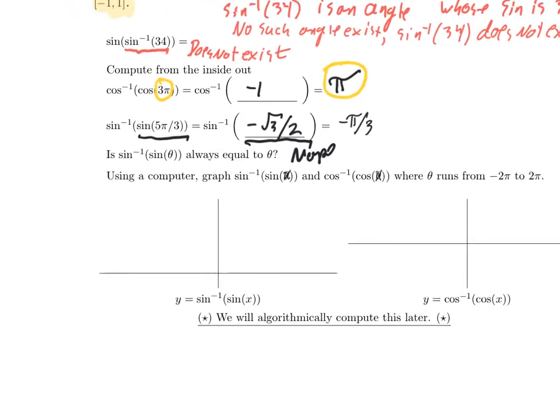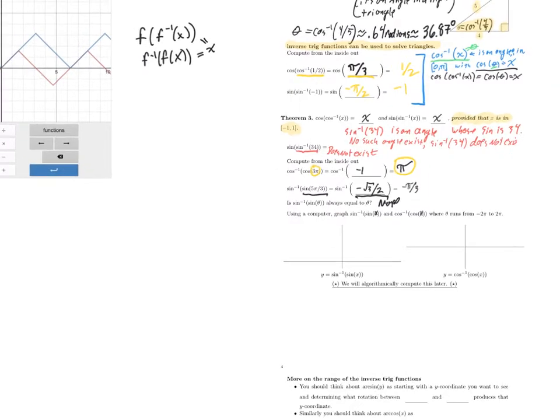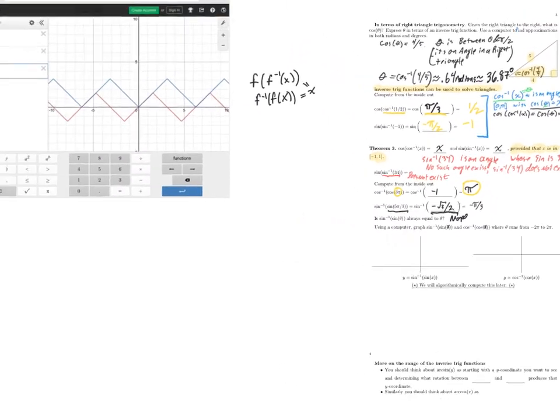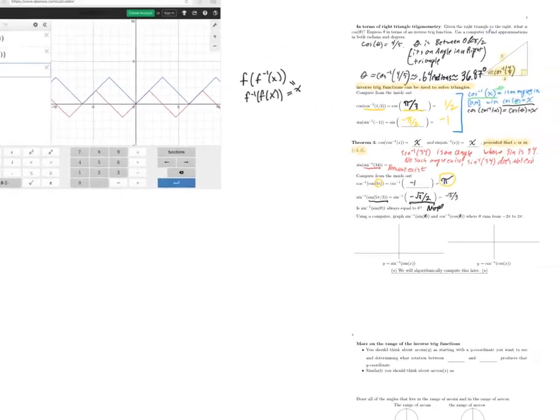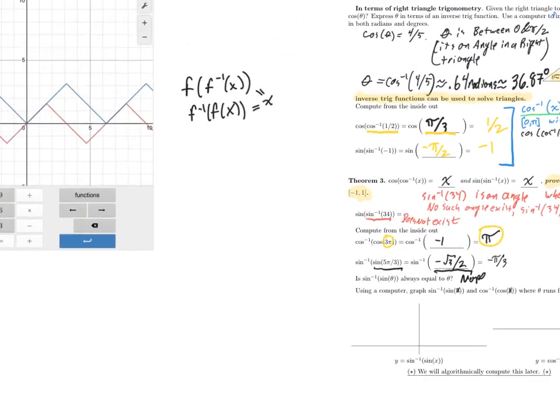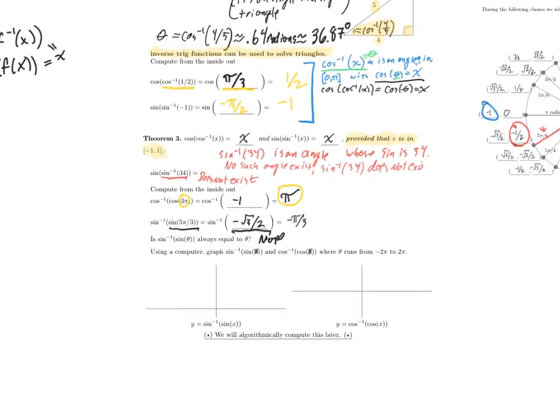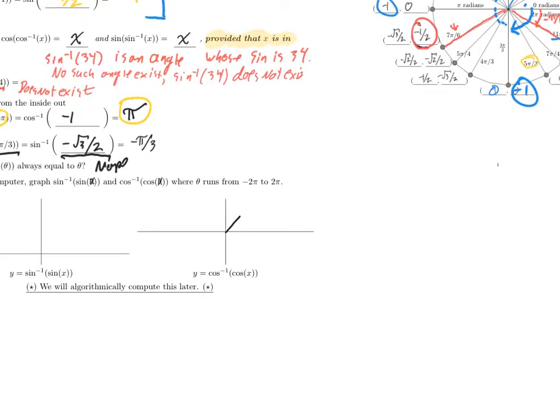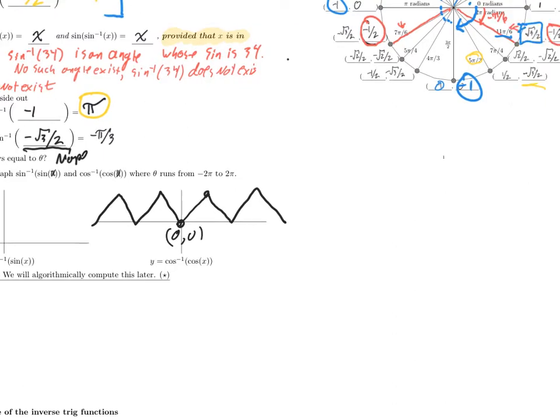So here are the graphs of the inverse sine of the sine of x and the inverse cosine of the cosine of x. The inverse cosine of the cosine of x has this sawtooth pattern, where here's the point 0, 0. There is the point pi, pi.